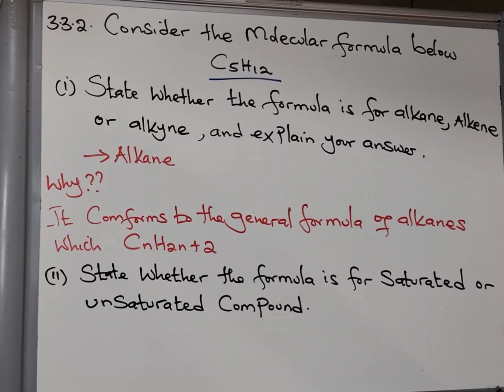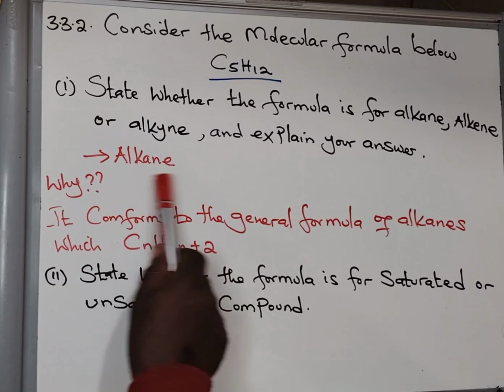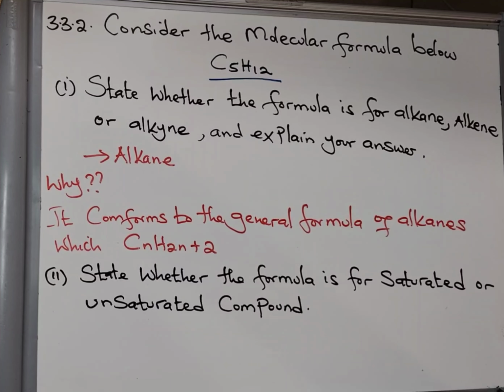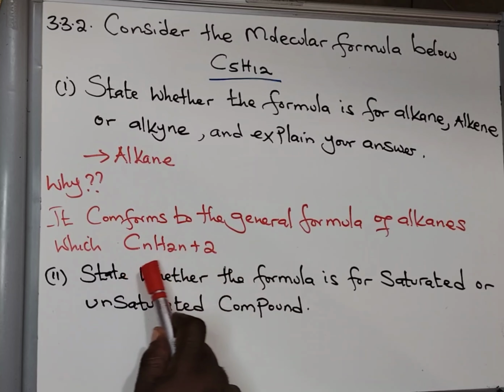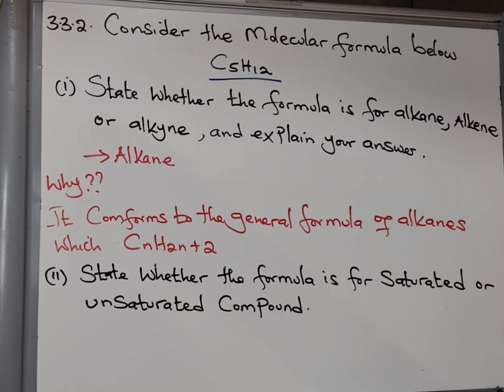Then comes another question. It says, state whether the formula is for saturated or unsaturated compound. We said the formula is for alkane. Why? Because it conforms to the general formula of alkane.